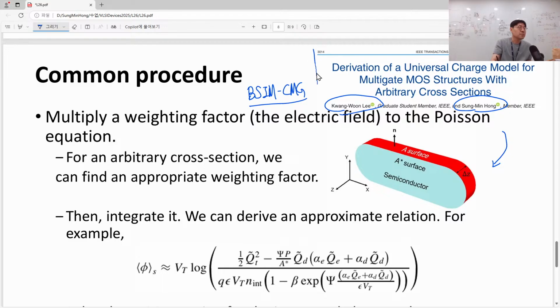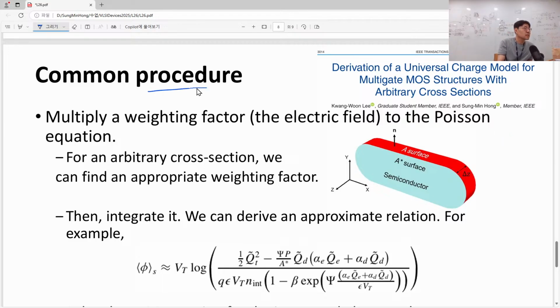This paper just formulates, in a more formal way, the model adopted in CMG. Well, anyway, the procedure is like this.